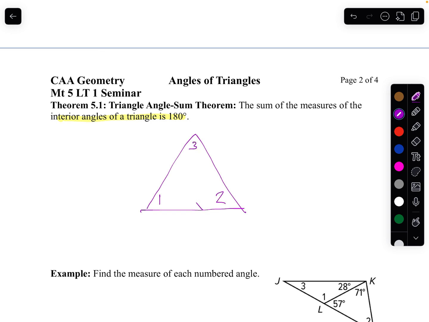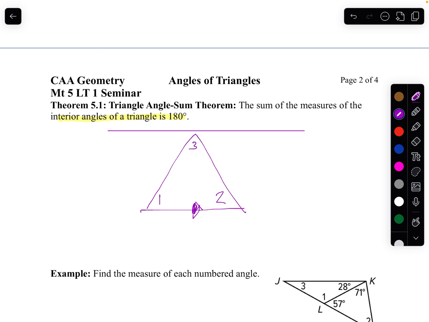I'm going to draw a line parallel to this line that goes through the vertex of my angle. I didn't draw that very well. Let me retry that. Okay. There we go.